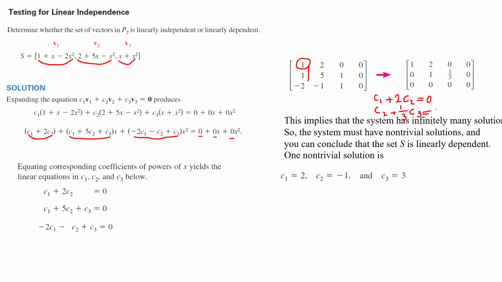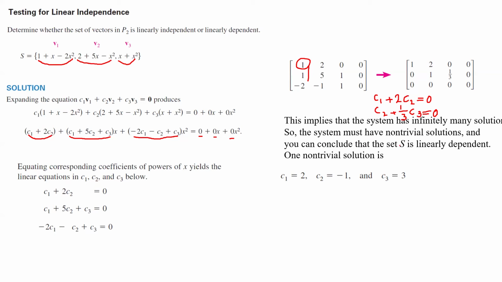You can basically say that I'm going to take C3 as t and write C2 in terms of C3, which is t. And then since this is written in terms of t, you can write C1 in terms of t as well. So you end up with infinitely many solutions, and the system must have non-trivial solutions, right? That depends on t.